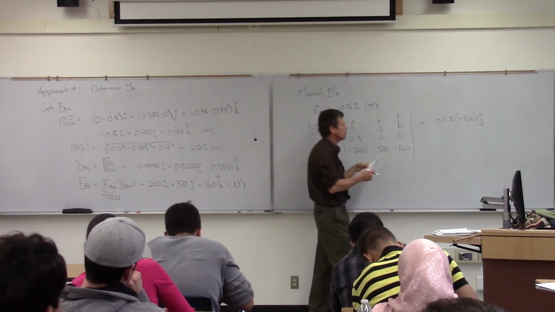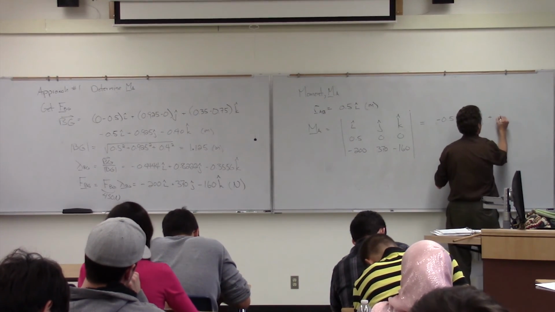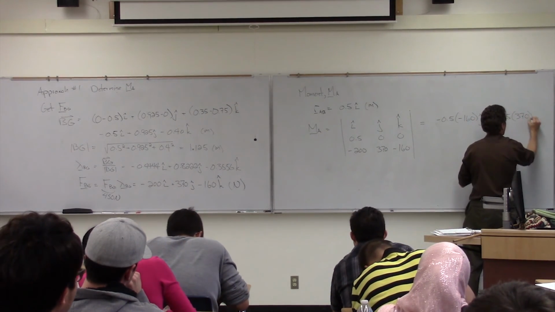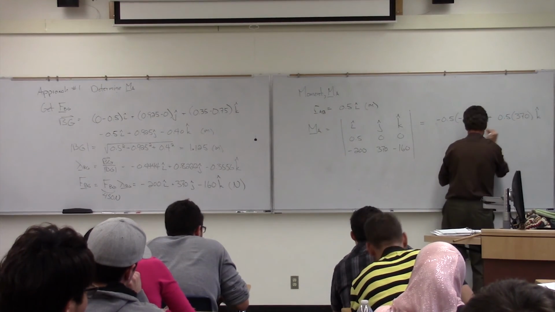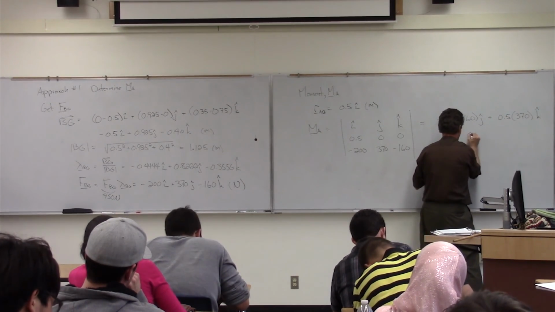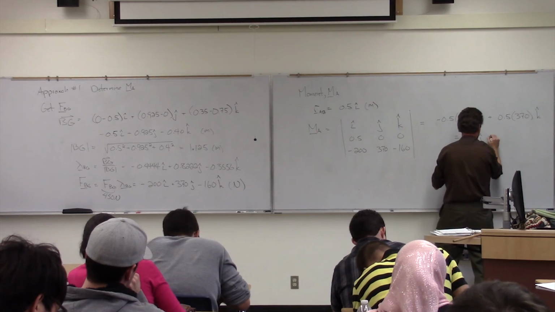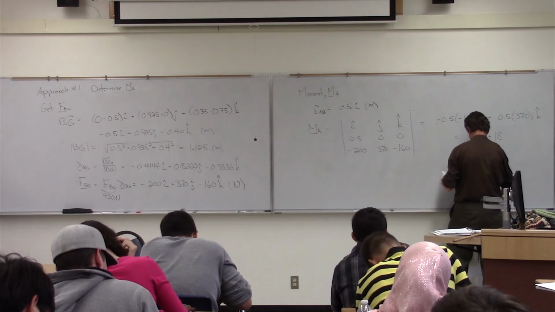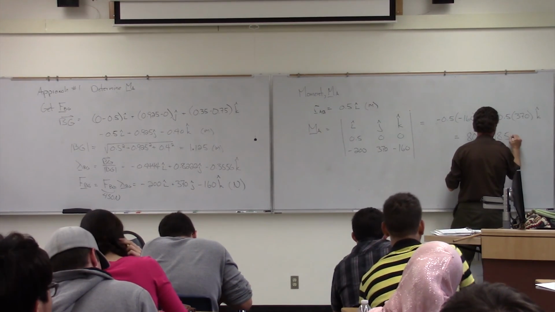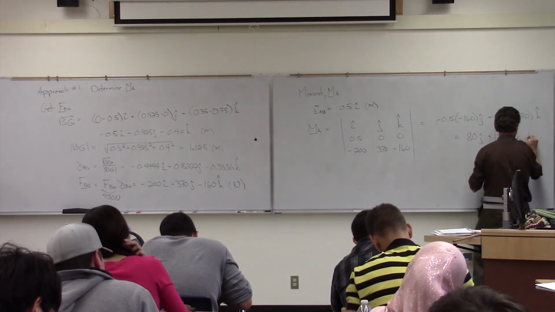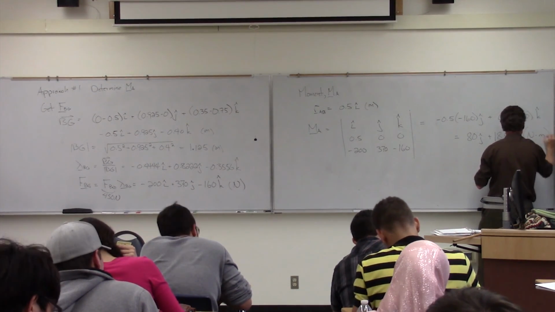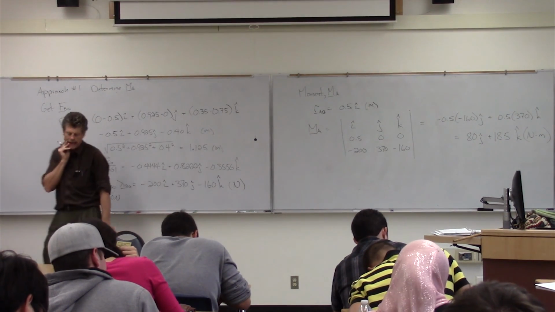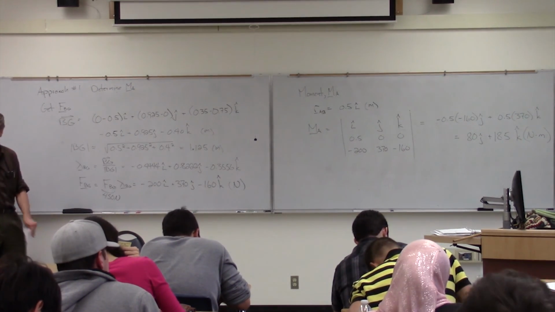So if I go this way, I'm going to pick up the 0.5. Oops, 185. And what I've done now is calculated the moment at A due to that force BG that we just calculated.